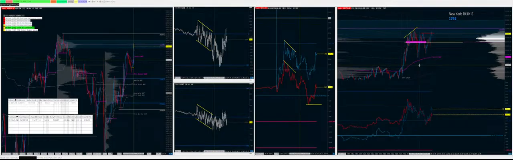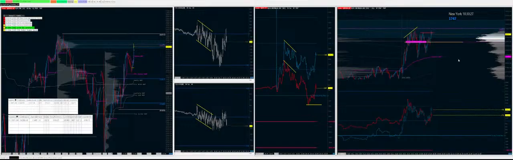Now what does it mean if the divergences don't hold? Well, what it means is that there is a ton of limit order buying, and this thing's going to continue going much higher, I think.